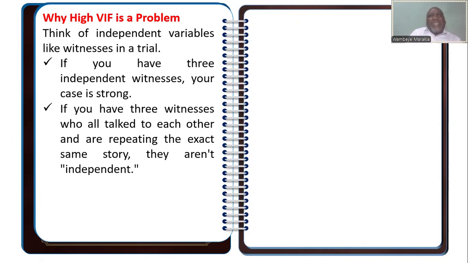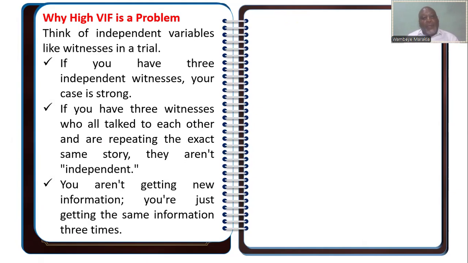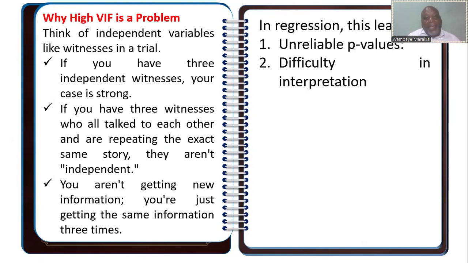But if you have 3 witnesses who talk to each other and are repeating exactly the same story, then they aren't independent. And because they are not independent, you are not getting any new information. You are just getting the same information 3 times. And as such, you are in a big mess.